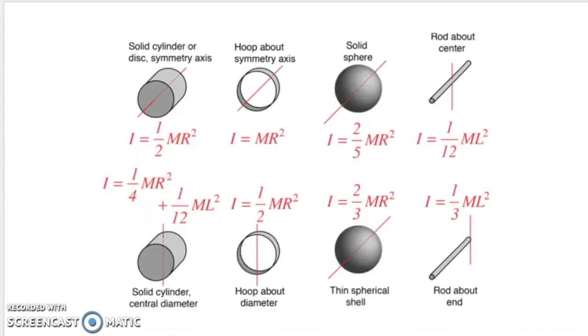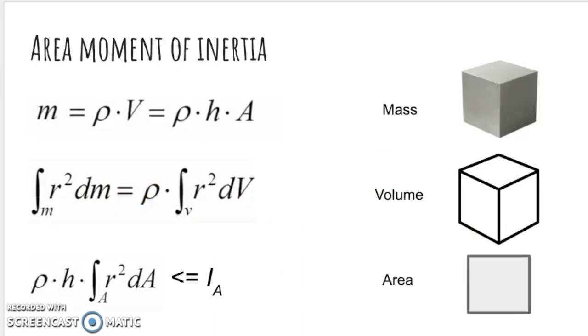So here we see the equations for mass moment of inertia of different objects at different axes of rotation. Now, we know that mass is equal to density times the volume of the object, and volume is equal to the height times the area of the object.